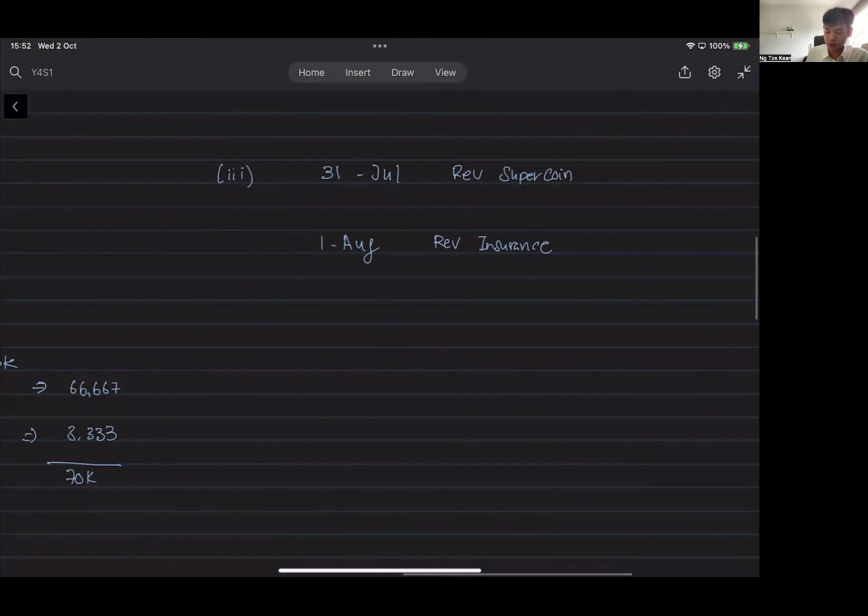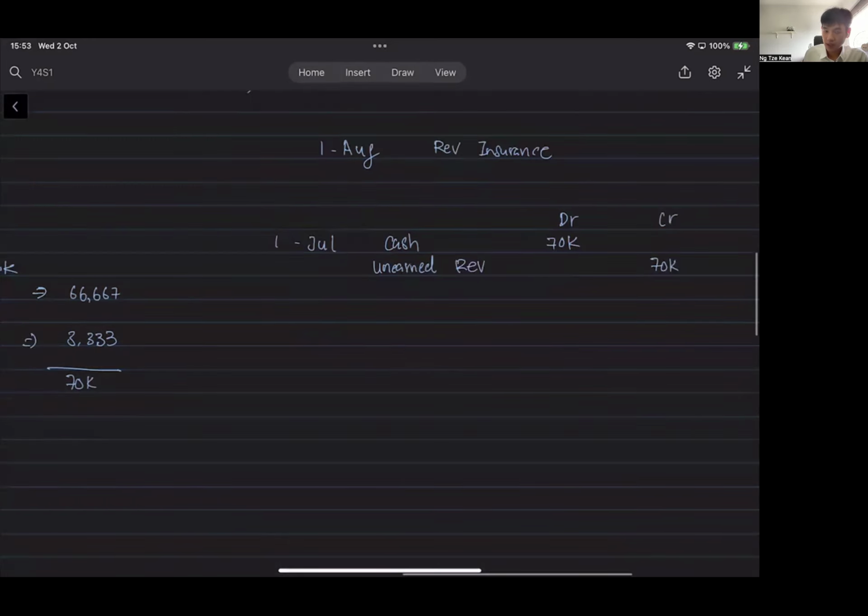So we have to start with the journal entry for that. So let's begin. So for the 1st of July, we have cash and we have unearned revenue. So if we debit 70K to cash, then we need to match it on the other side with the unearned revenue.